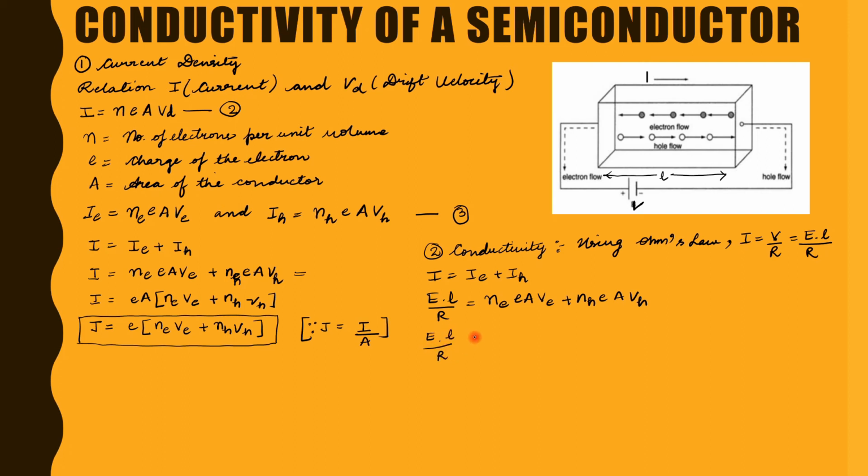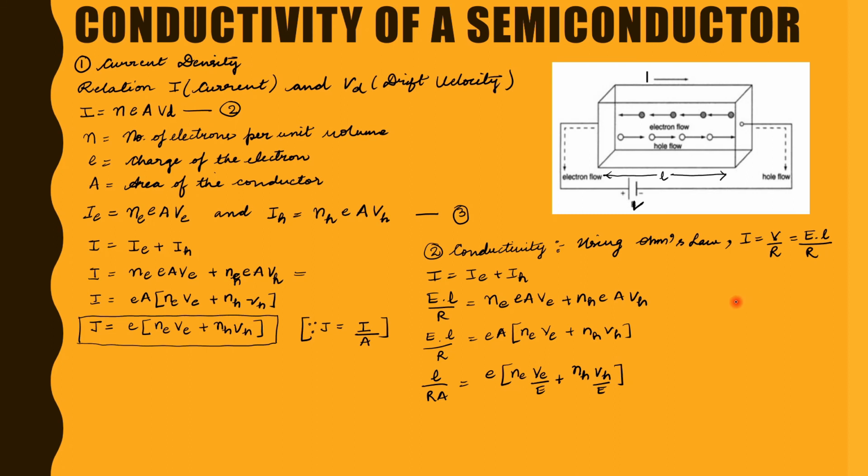So it is EA (NEVE plus NHVH). Now we will take this E to the right side and A to the left side. So we have RA equal to E NE VE by E plus NH VH by E.